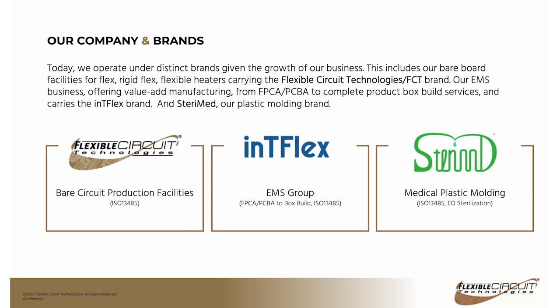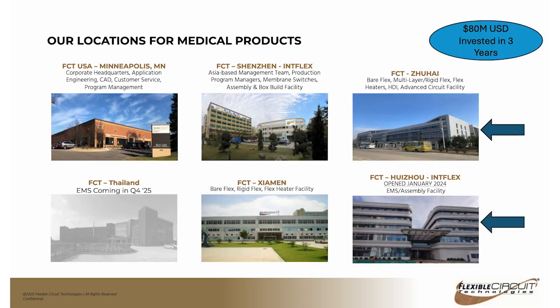So when you look at some of our capabilities and facilities, over the last 4 years, we've invested around $80 million in new equipment to support the medical community in advanced circuitry, as well as advanced manufacturing for medical products. Highlighting Zhuhai, which is the Bear Circuit facility under FCT again. That's in the upper right-hand corner there with the arrow.